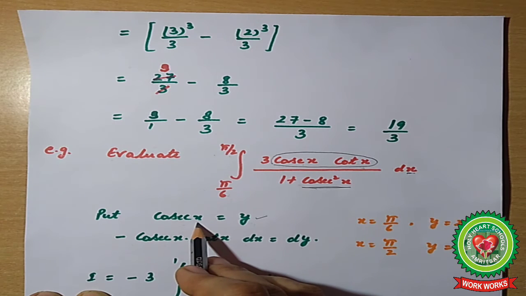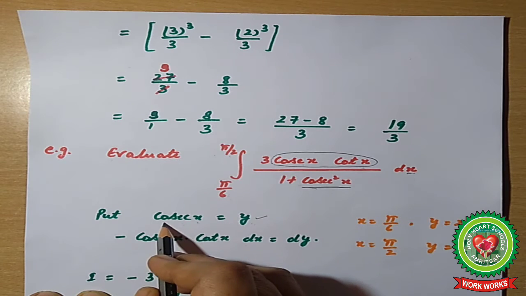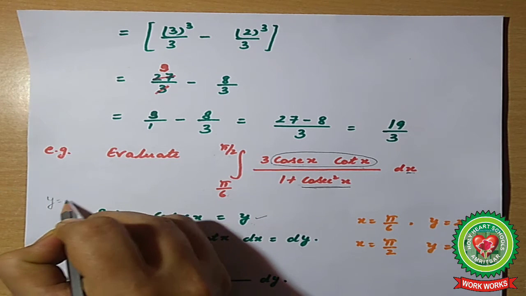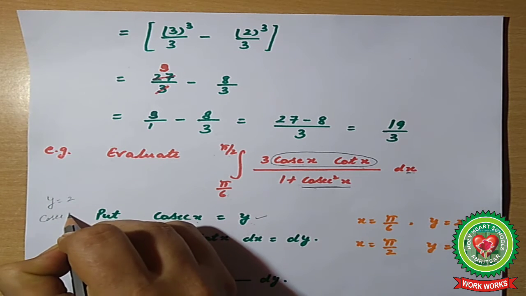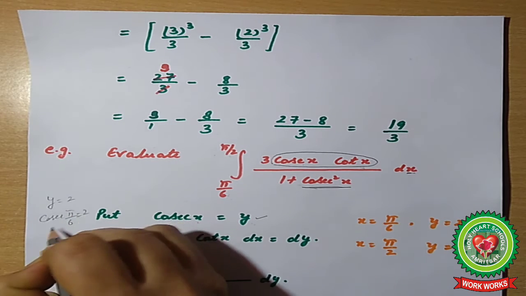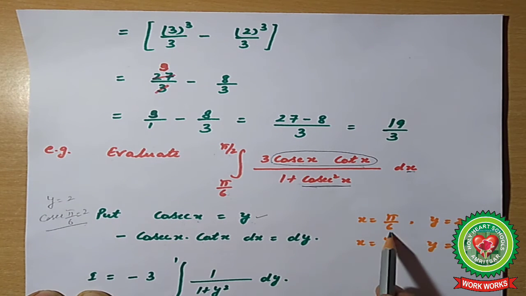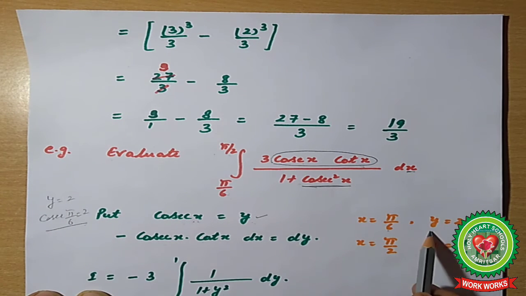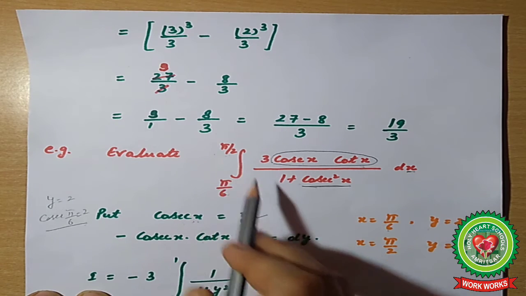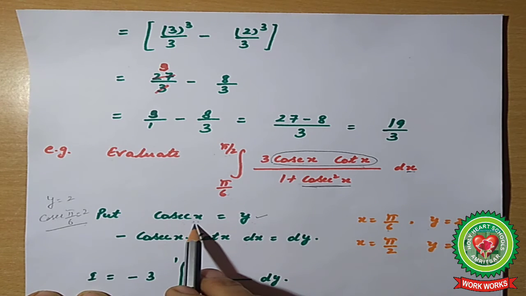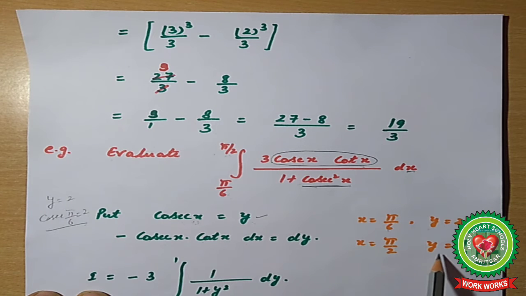Cosecant pi by 6 is equal to 2, so y is equal to 2. We put x equal to pi by 6, so y is equal to 2. Now pi by 2: cosecant pi by 2 is 1. So when x is pi by 2, y is equal to 1.